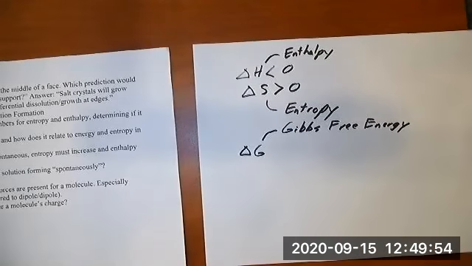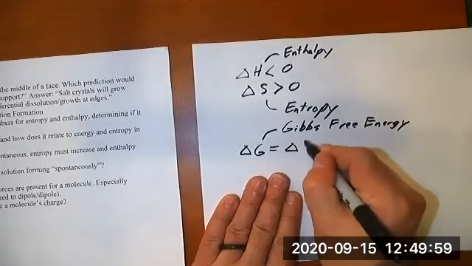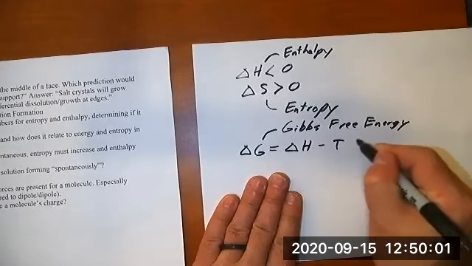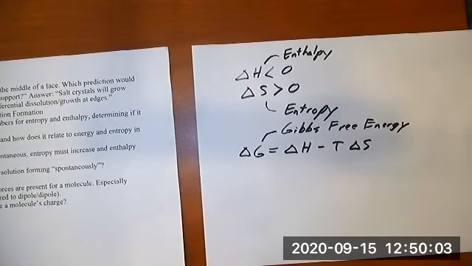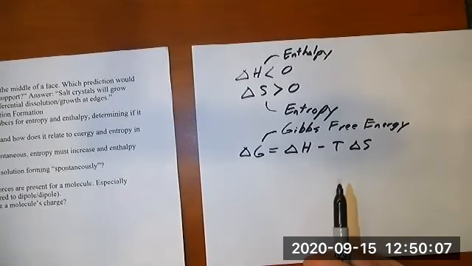We'll talk about why that's called that later. And delta G equals delta H minus T delta S, where T here is the temperature, and it is measured in Kelvin. Okay. So that means temperature here is always positive.